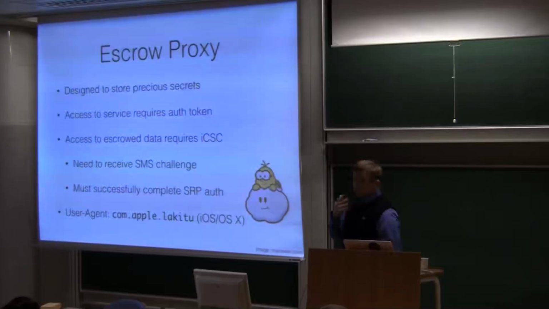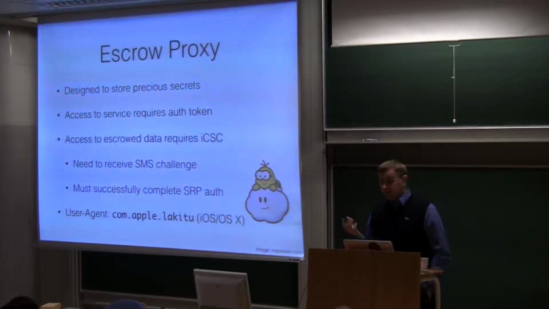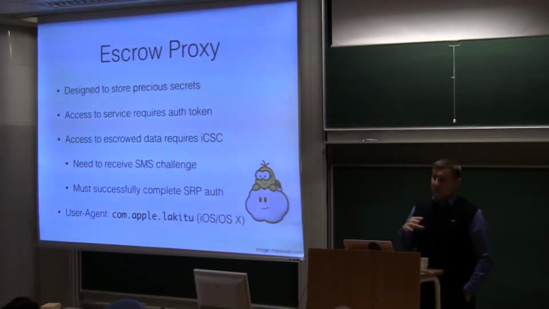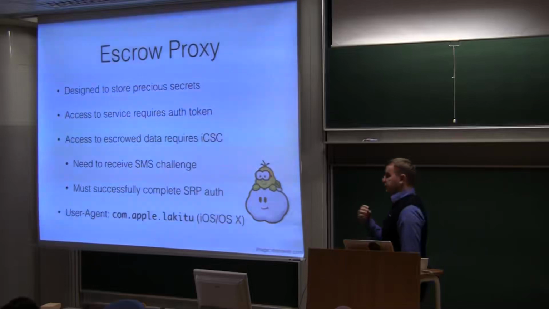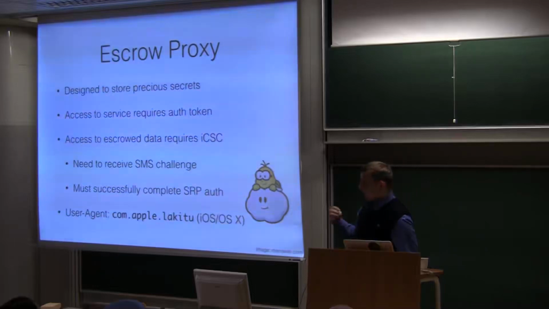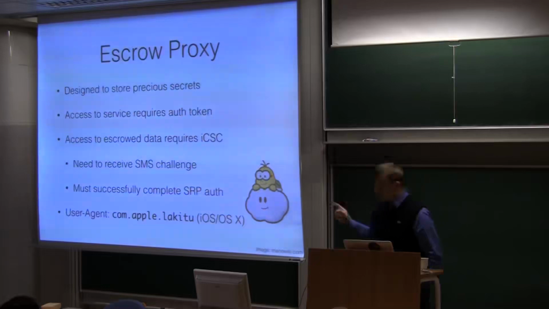Access to the service requires an authentication token, and this is how all iCloud services work. So you need to know the Apple ID and Apple ID password. Using that, you authenticate to iCloud, and in return you get your account number and authentication token. And using that token and number, you talk to all the services. This is the case with this proxy, with this service.